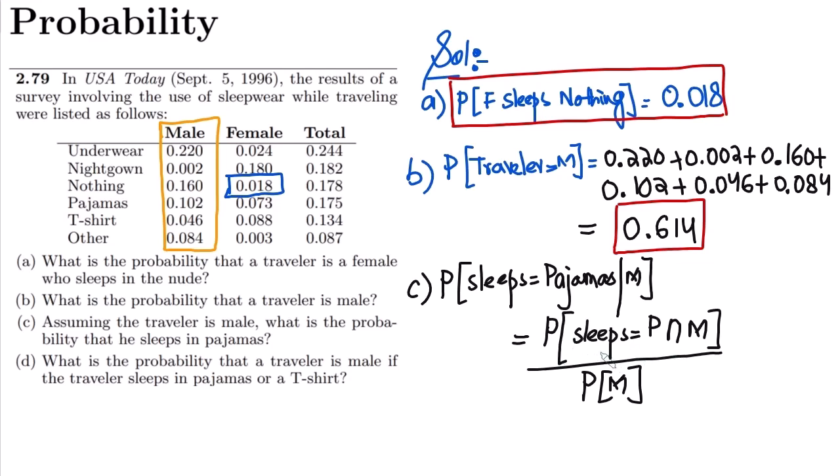So in order to find that he sleeps in pajamas and he is a male, let me consult this table. If he is a male, this is for the male row, and he sleeps in pajamas, this column. So this is the intersection. Writing their values here, I get 0.102, and the probability that he is male is already calculated here, that is 0.614.